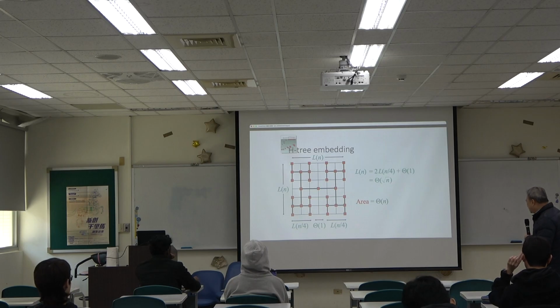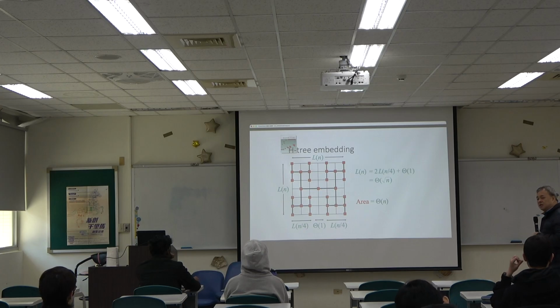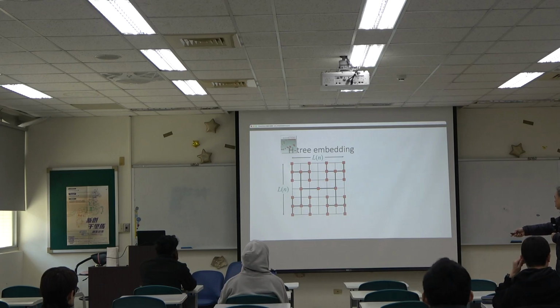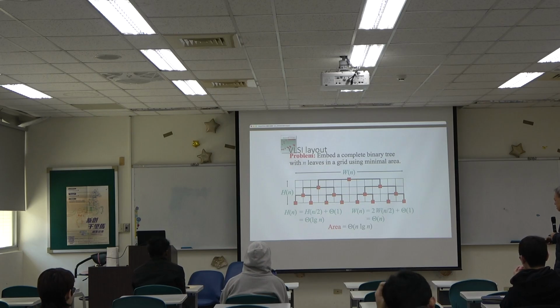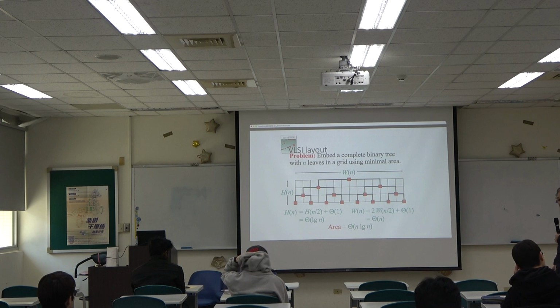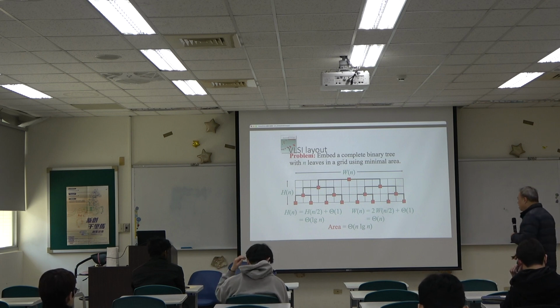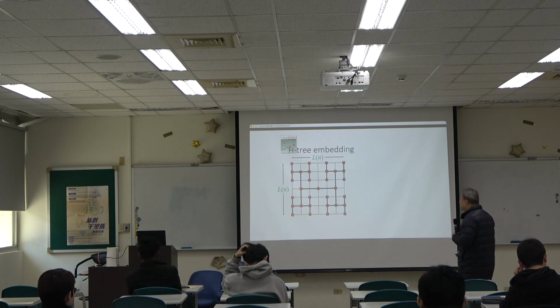And because one side is this, for two sides the area will be theta of n. This theta of n is obviously cheaper than n log n, right? Still, the concept is divide and conquer.